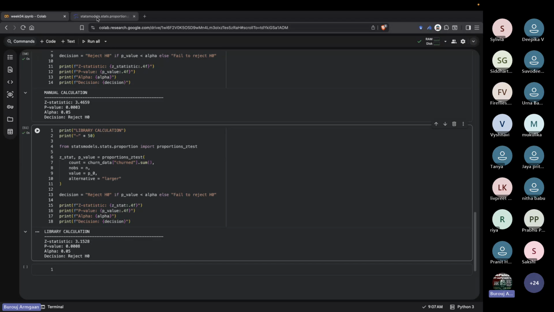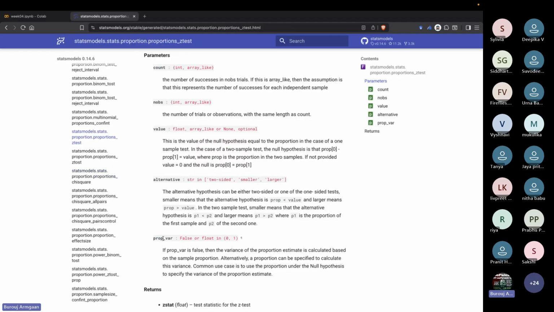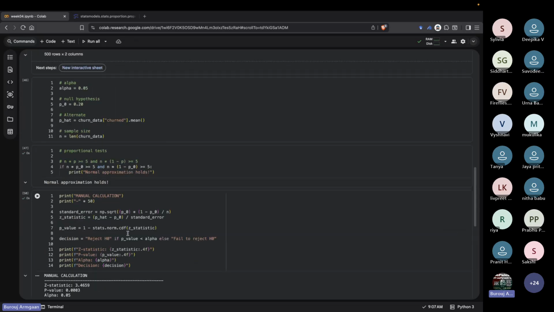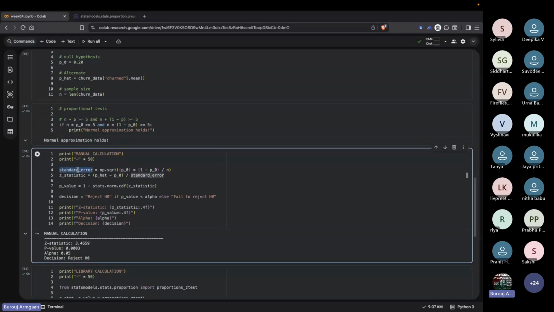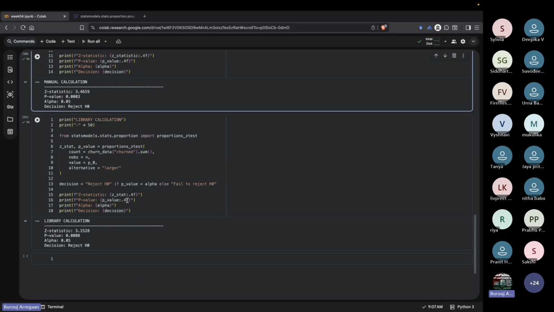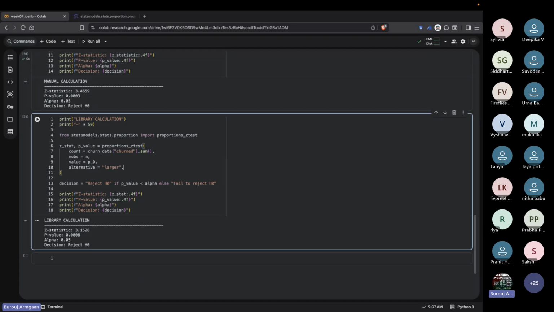This happens because by default, this prop value changes the standard error calculation. In our standard error, we have used the square root of the product of P0 and 1 minus P0. By default, it does not use the null hypothesis P0.